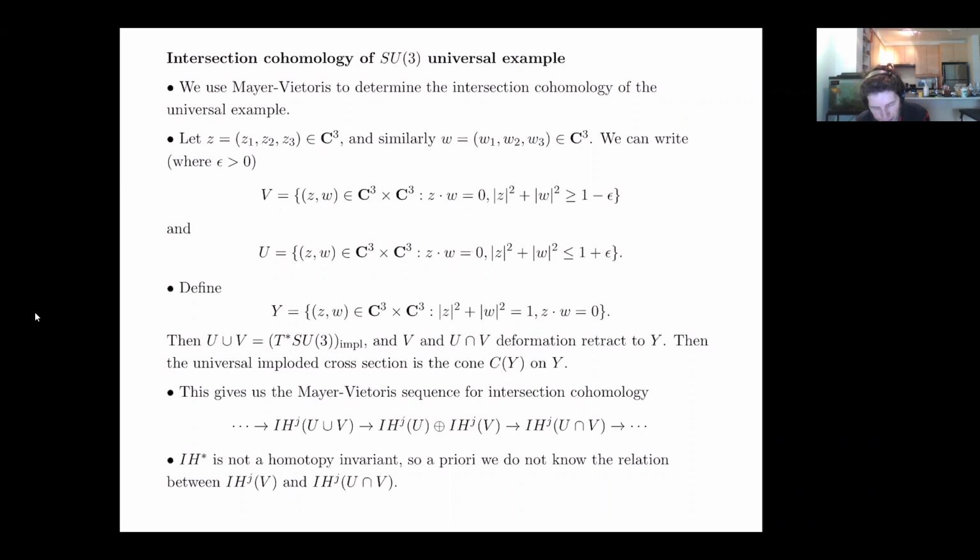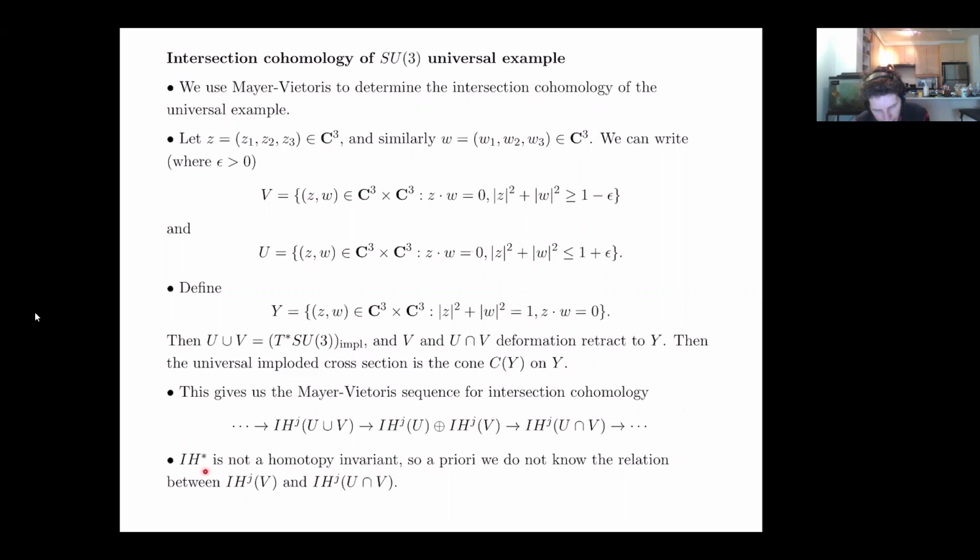So the whole space is given by the union of U and V, and both V and U intersect V deformation retract to Y, which is the set where Z squared plus W squared is equal to 1. So the universal imploded cross section is the cone on Y. This gives us a Mayer-Vietoris sequence for the intersection cohomology.